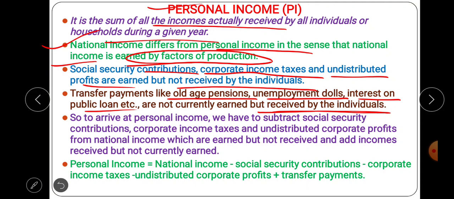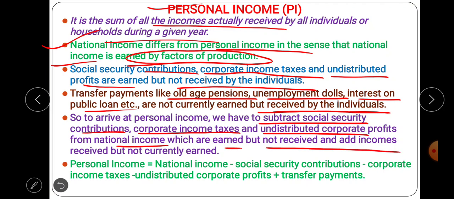So, to calculate the personal income, we have to subtract the social securities contribution, corporate income taxes and undistributed corporate profits from the national income, which are earned but not received, and add incomes received but not currently earned.